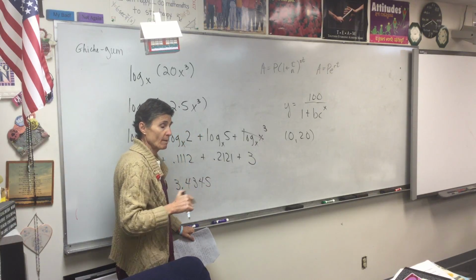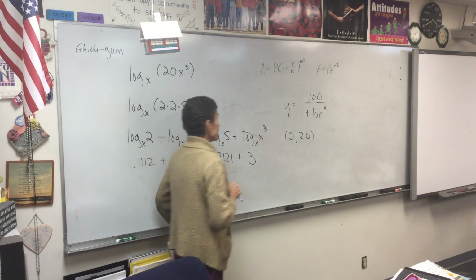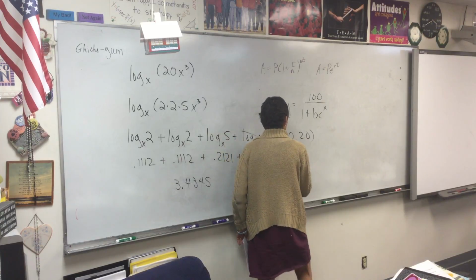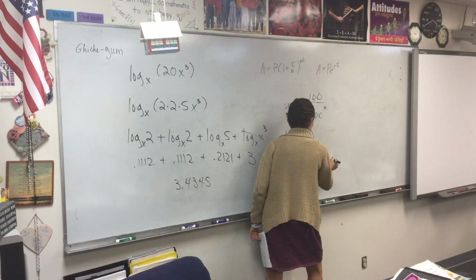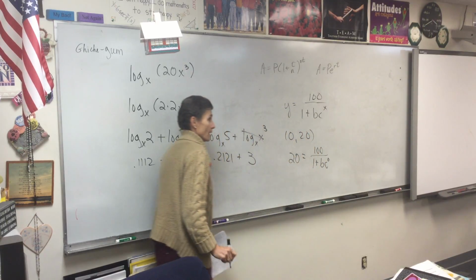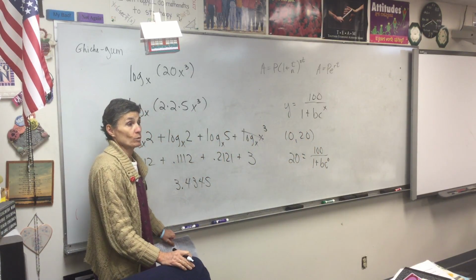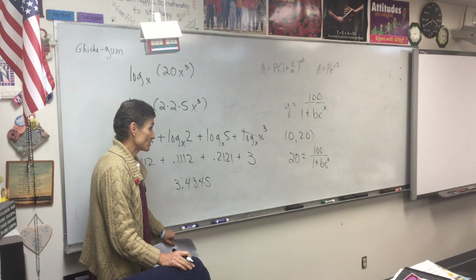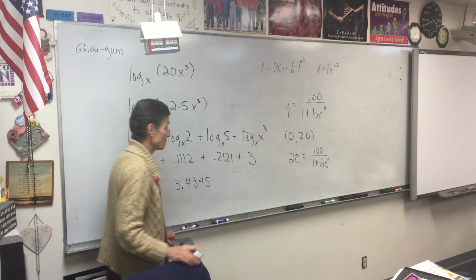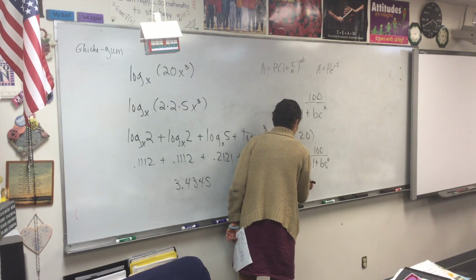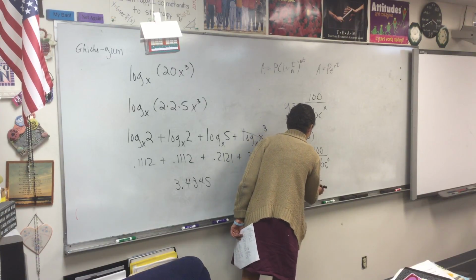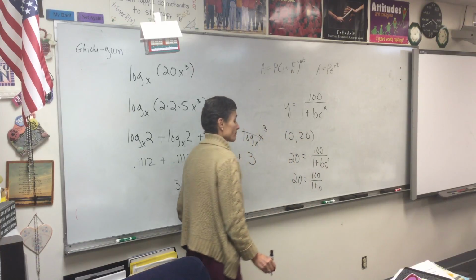It is always 0, comma. So I can take that point and put it into my equation, and that should allow me to solve for something. I should be able to figure something out from that. What is c to the 0? 1. So this is going to allow me to figure out b, isn't it?